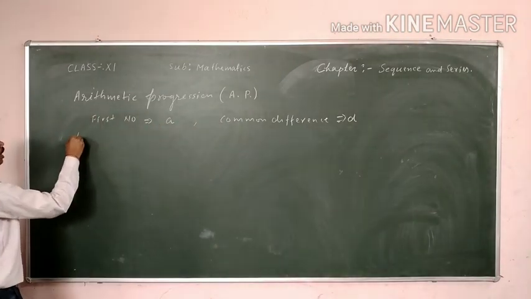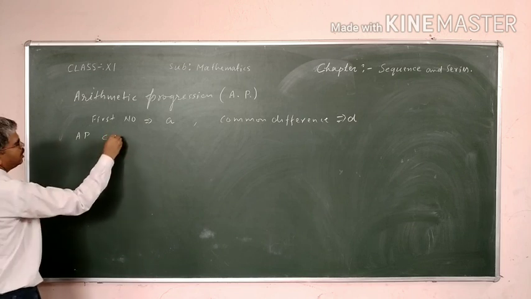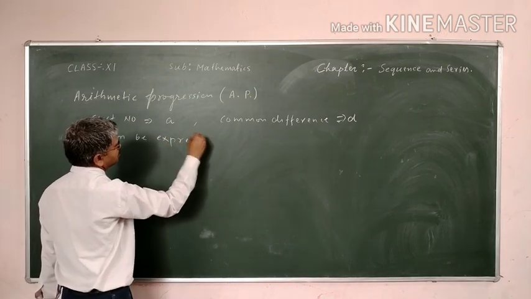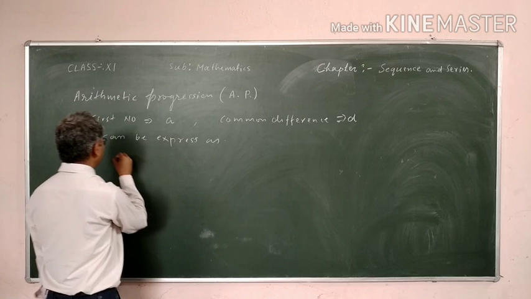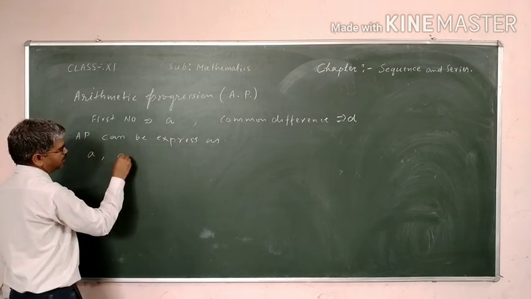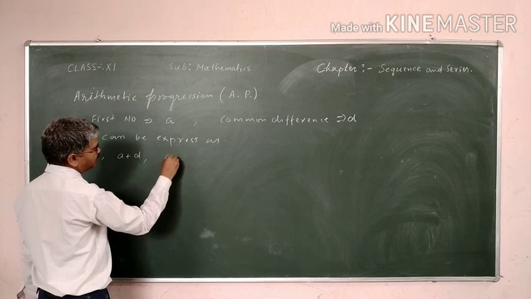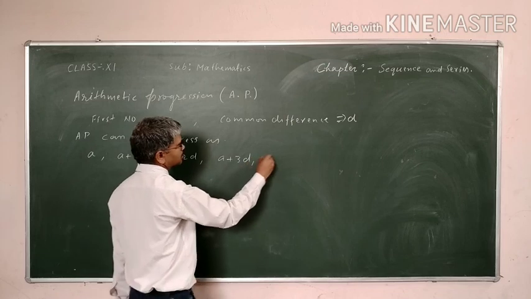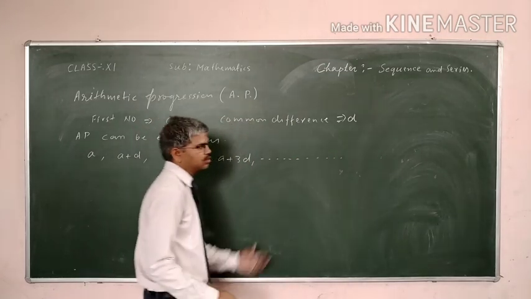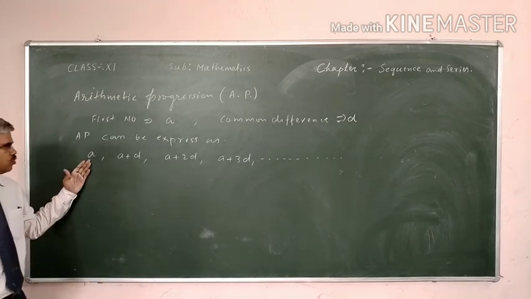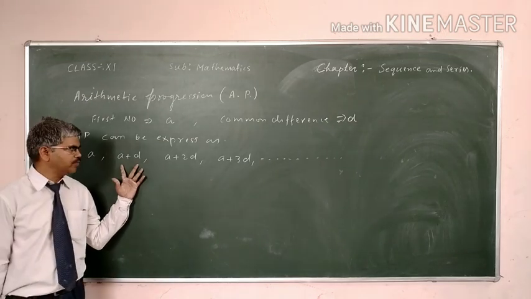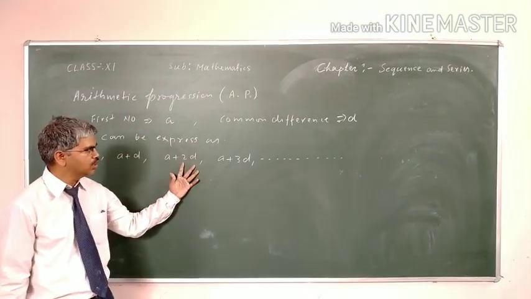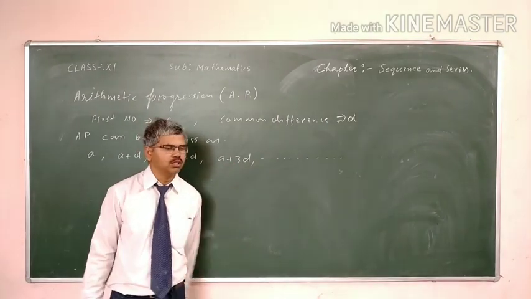So, an AP can be expressed as A, A plus D, A plus 2D, A plus 3D, in such a way. The first term is A, by adding D it will become A plus D, by adding D one more time it will become A plus 2D, similarly A plus 3D.